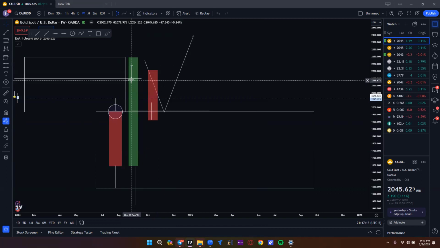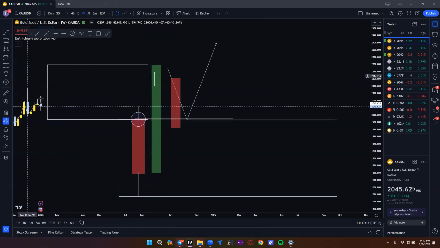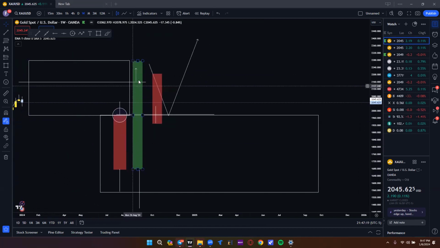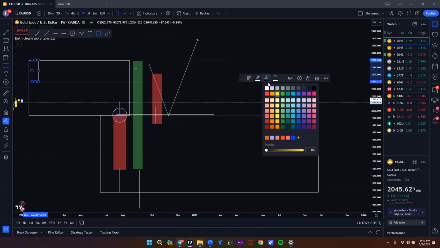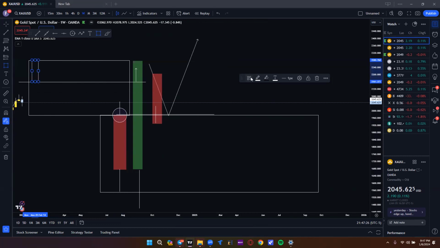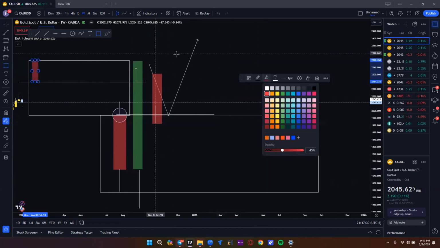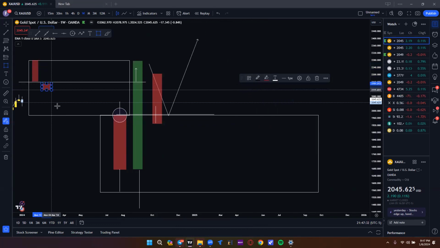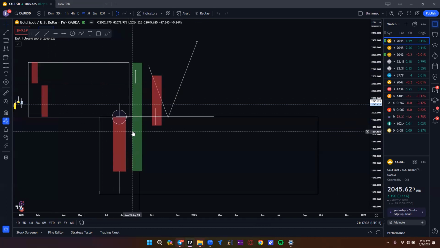This arrow here indicates that there was probably a decision level that price broke above. Let's just say this open and close, for theoretical purposes. So let's just say that price closed above this gap level, and this is an important gap level because this gap level took out something previous.